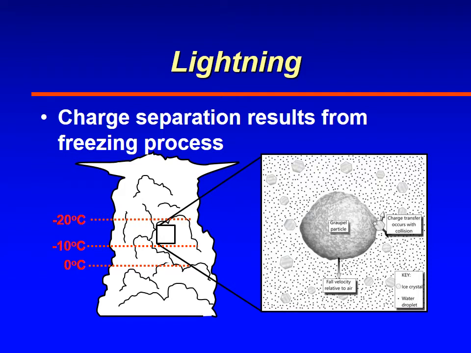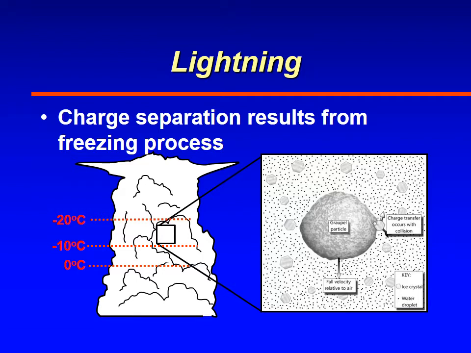And as it falls through the cloud, ice crystals in the cloud are hitting or striking the Graupel particles as they fall. And as they do that, they give the Graupel a negative charge, and they take the positive charge and carry that up in the cloud in the smaller ice crystals.